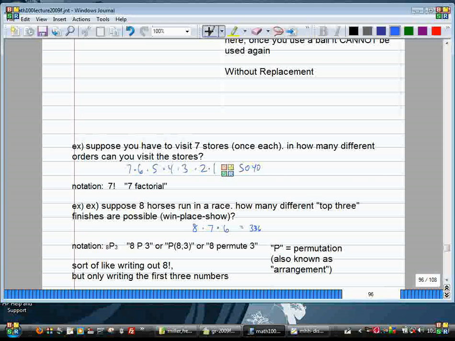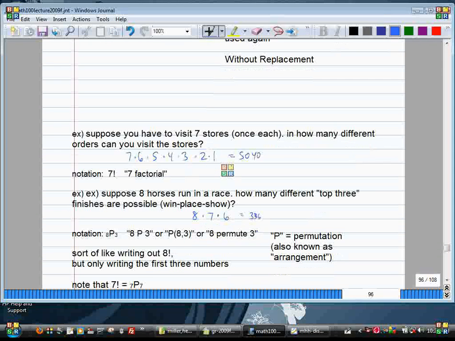Exactly. So to emphasize what Daniela said, if you're just given 8P3, for example, it means put 3 numbers. It does not mean go down to 3. That's a very big difference. So make sure you understand that.